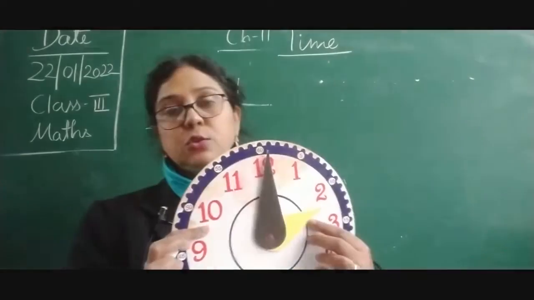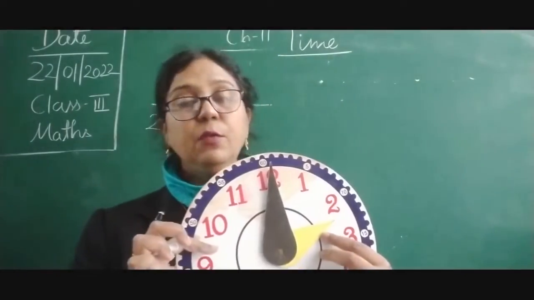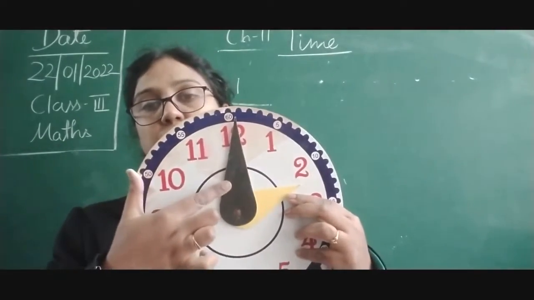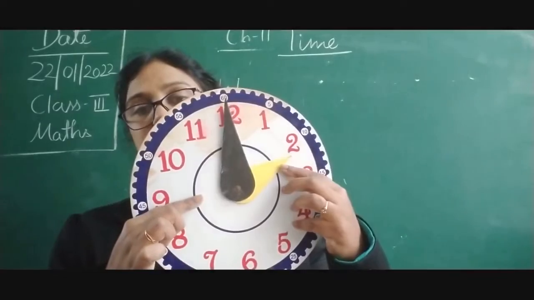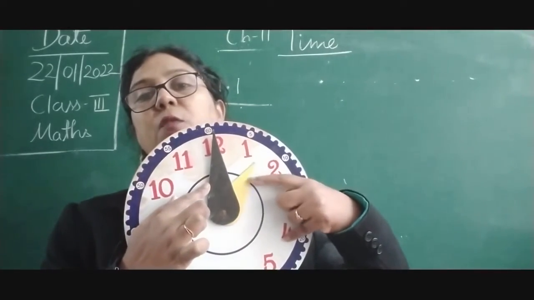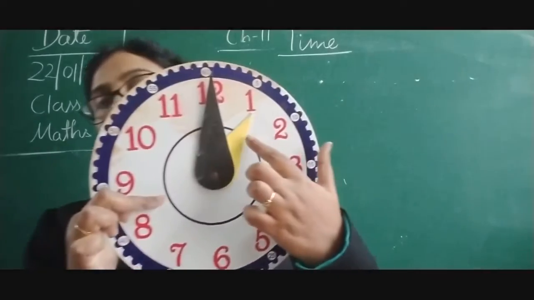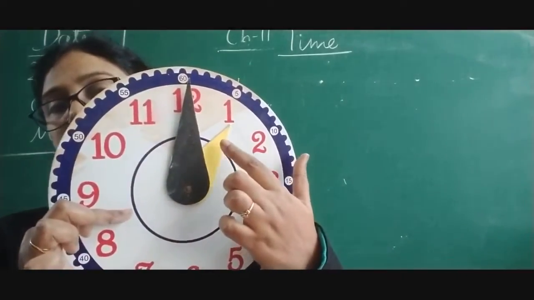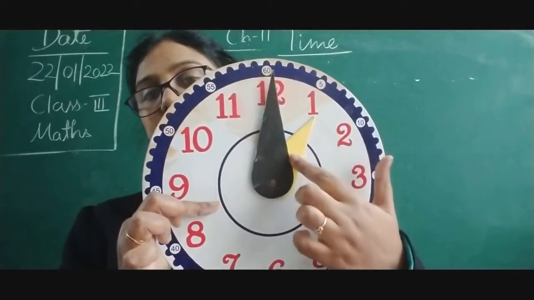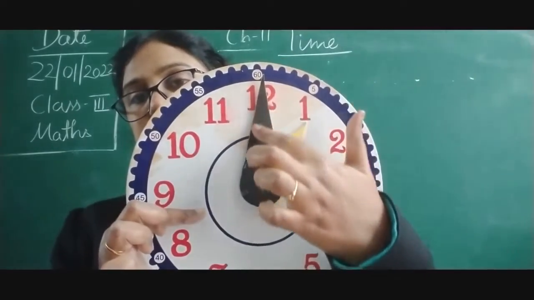If you look, the hour hand has fallen off. The clock is already drawn in this exercise and we have to show the time at 1 o'clock. So we just move this hand, this is the shorter hand, and we have to put the minute hand at 12.